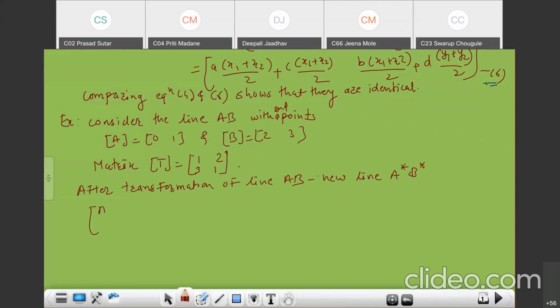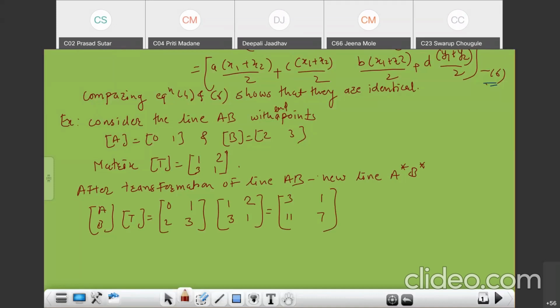A, B multiply with T. The values of A are 0, 1 and the values of B are 2, 3. Multiply it with the transformation matrix 1, 2, 3, 1. So we will get the result 3, 1, 11, 7. Use the simple method, row multiply with column, and its addition.